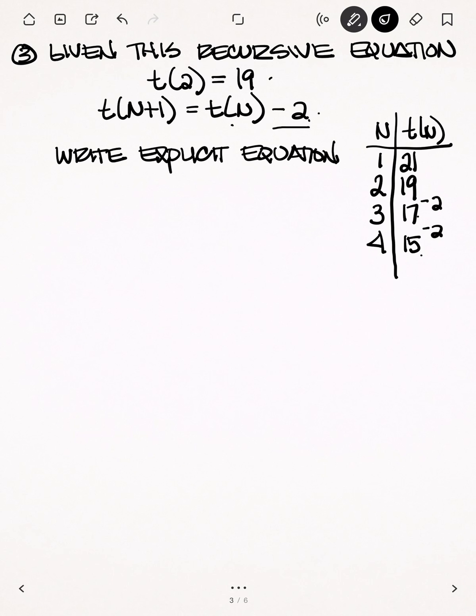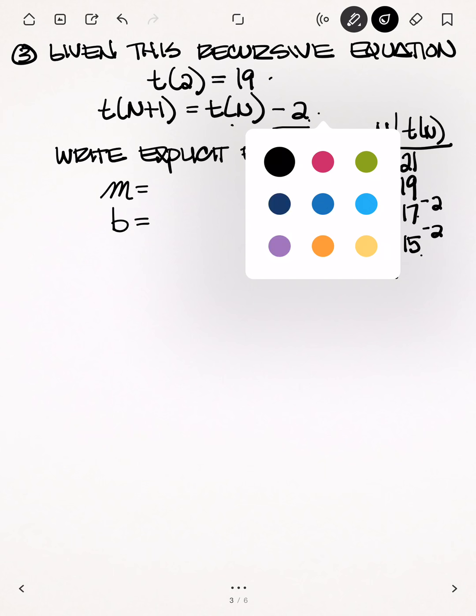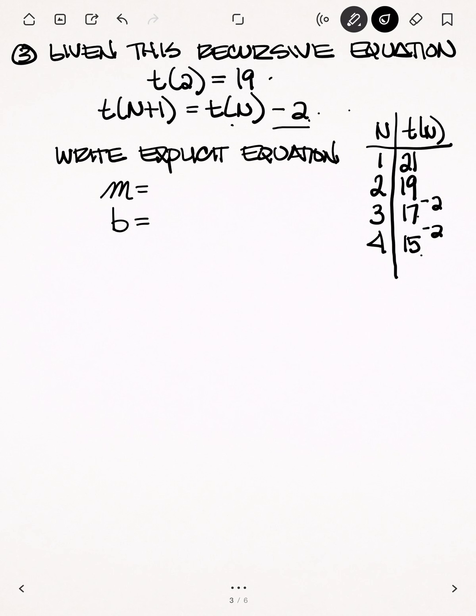Now if I want to write an explicit equation, what do I have to find? I have to find m, and I have to find b. Well, I already know what m is. I can see m in my recursive equation. That's my slope. So right here, I can also see it right here and here. So my slope is -2. I'm subtracting 2 each time. The only thing I need is my b, or my starting point.